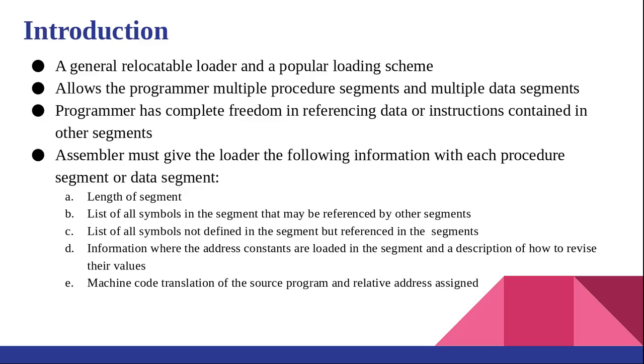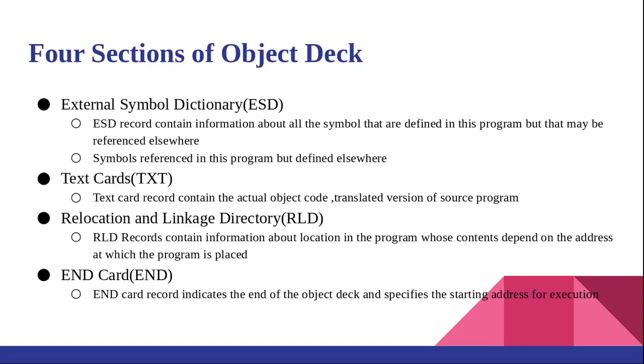Then the last information is the machine code translation of the source program and their corresponding assigned relative addresses. Each and every object deck from the assembler will contain 4 sections, that is the external symbol dictionary, text cards, relocation and linkage directory, and end card.